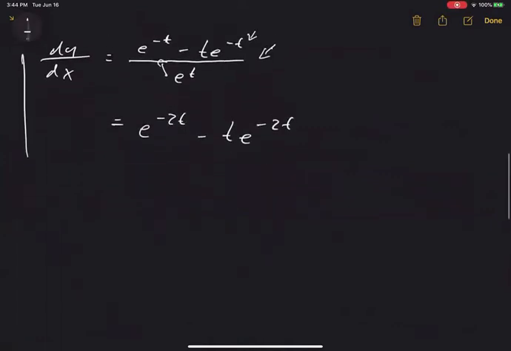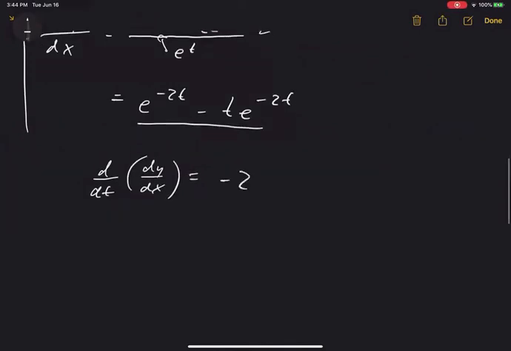And now I take the derivative of this with respect to t. And what do I get? Okay, so I'll write it here, d/dt of dy/dx. Let's see. So the derivative of this with respect to t, that'd be -2 e to the -2t, minus, I need to do product rule on this bit.